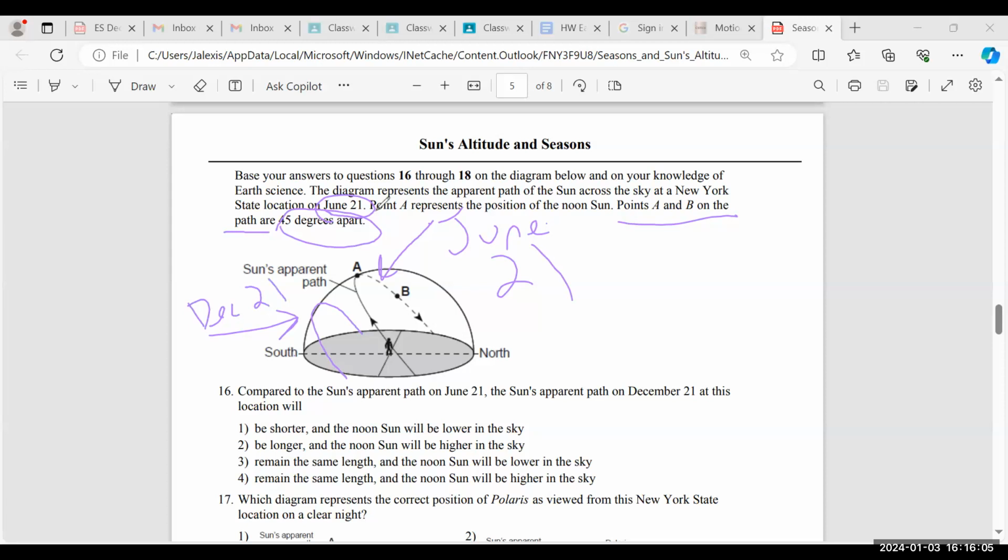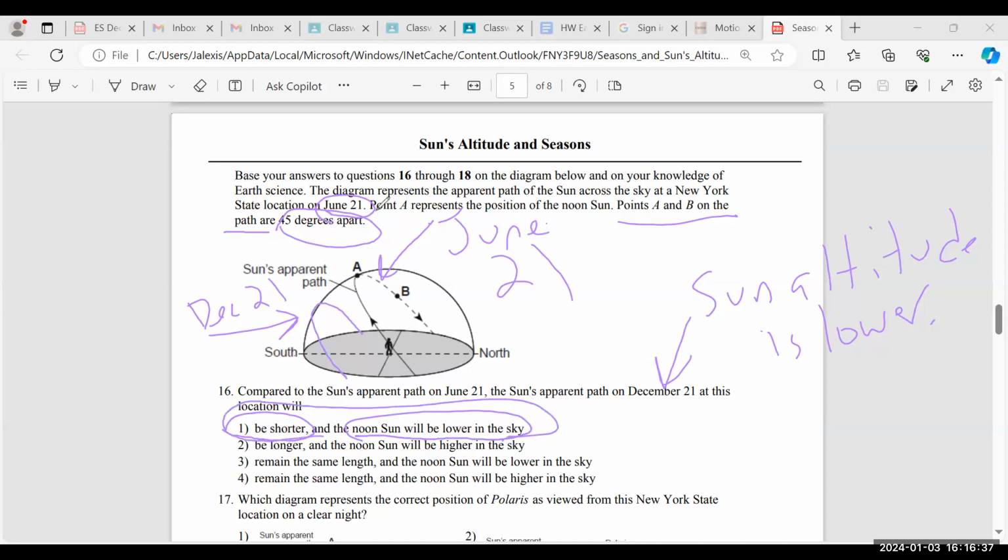Well, not only the fact that I know that the sun rises in the southeast and sets in the southwest, but you have to know that on December 21st, the sun's altitude is lower. And if the sun's altitude is lower, then the path is going to be shorter and the noon sun will be lower in the sky. That's why the correct answer is choice 1.